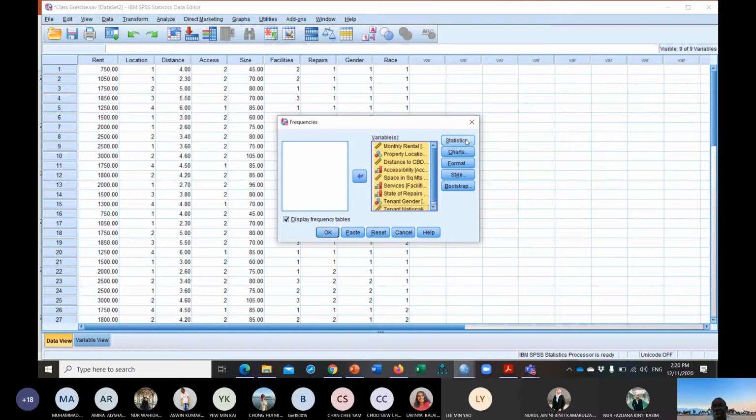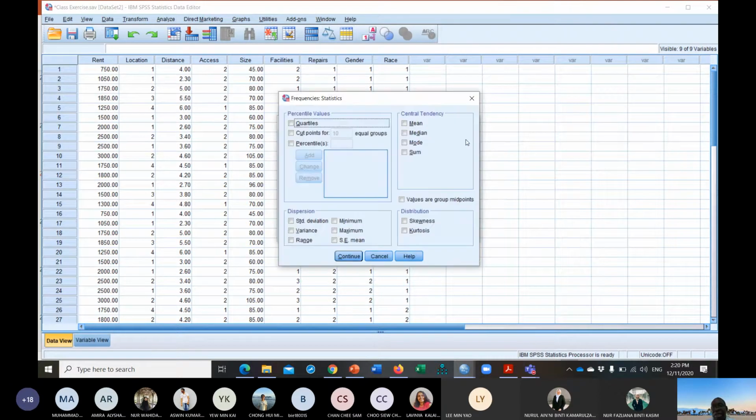Then we can do more by clicking on statistics. We get mean, median, mode. If we want the sum, we can get standard deviation, minimum number, maximum number. We can get variance, we can get range.